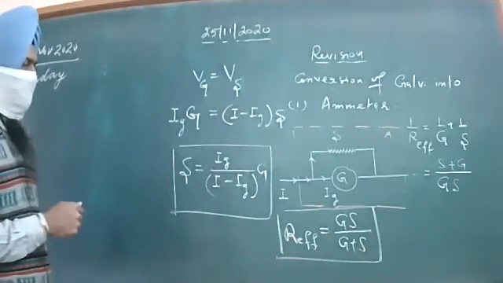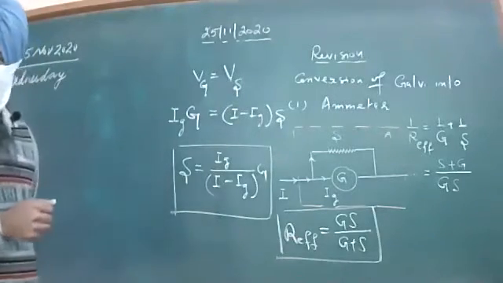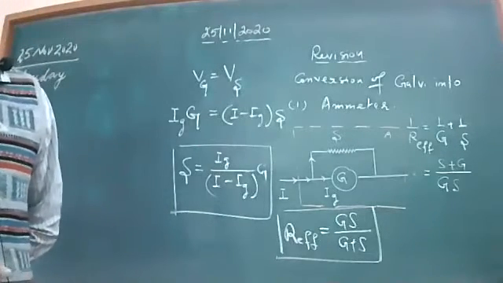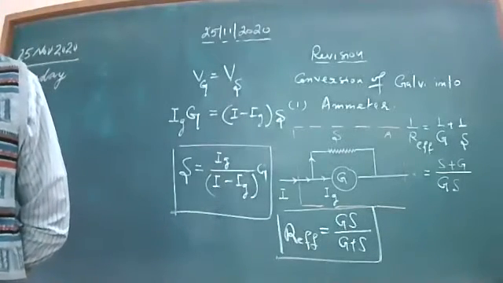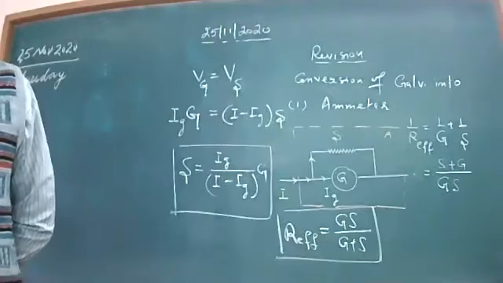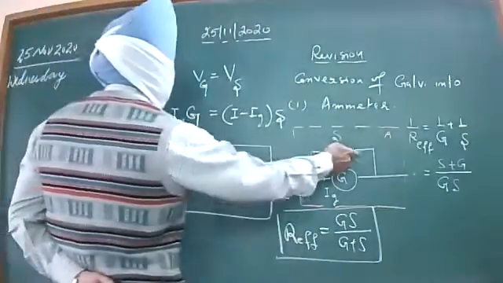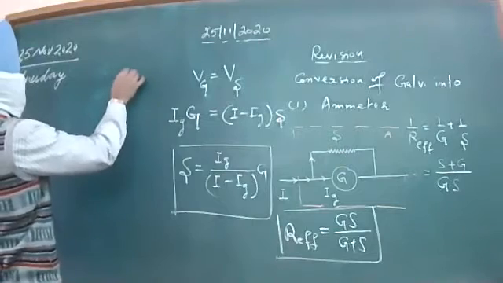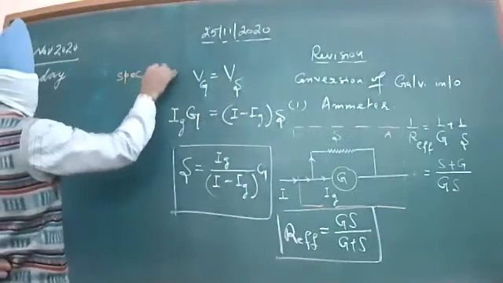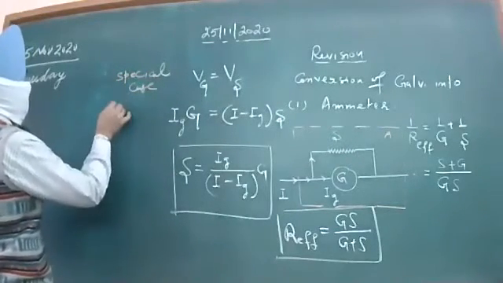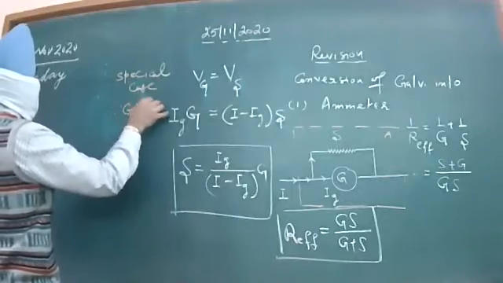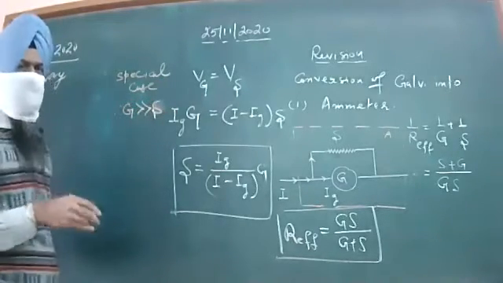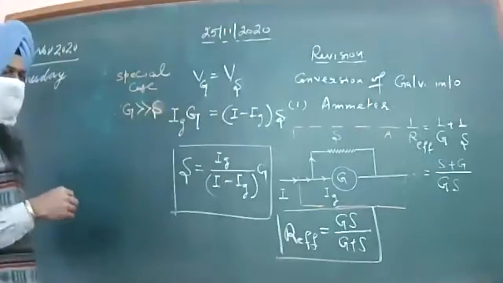Now, an important point about this effective resistance. As we were saying, your galvanometer resistance is far more than the resistance of your shunt, the connected parallel resistor. So as a special case, capital G is far more than your shunt resistance S of the coil connected in parallel.